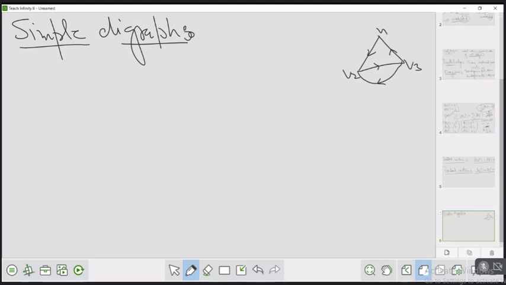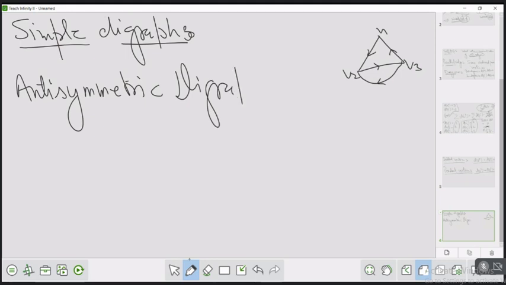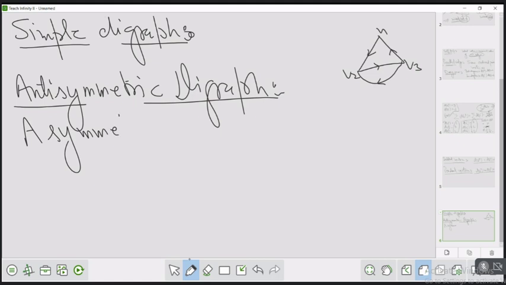Now antisymmetric digraph. Antisymmetric is also called asymmetric digraph. What is this?